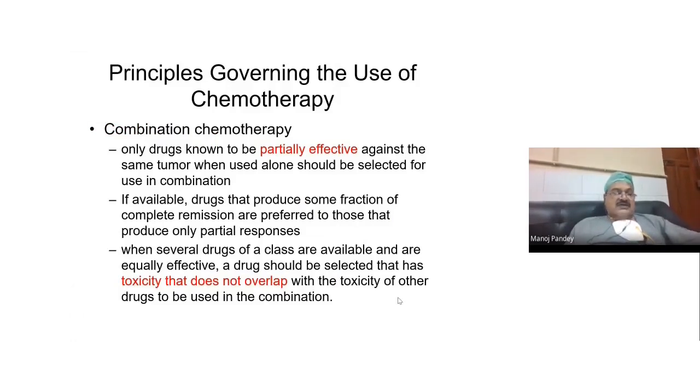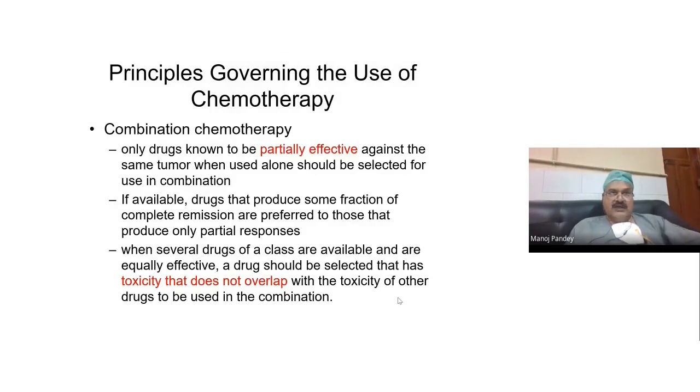The drugs which have the highest response rate when used singly are the best to be combined. And when you are combining two drugs, you should select the drugs which do not have overlapping toxicities. So if you choose two drugs which have the same toxicity, like hepatotoxic or nephrotoxic drugs, then you are going to produce more toxicity.